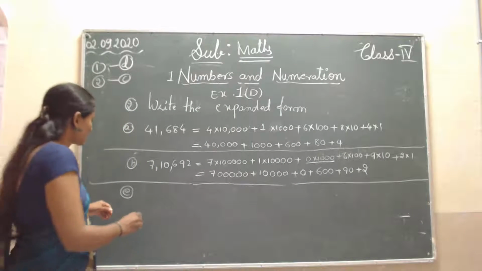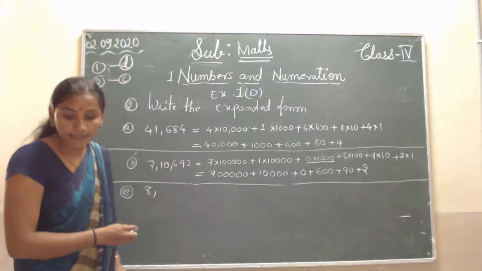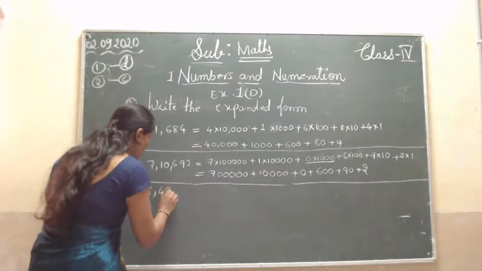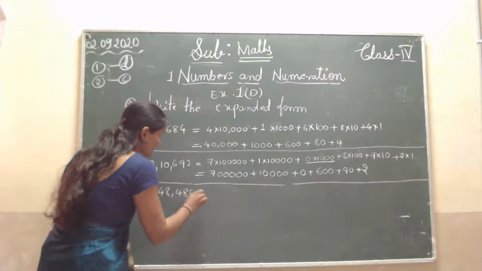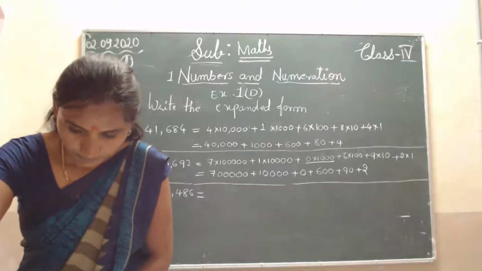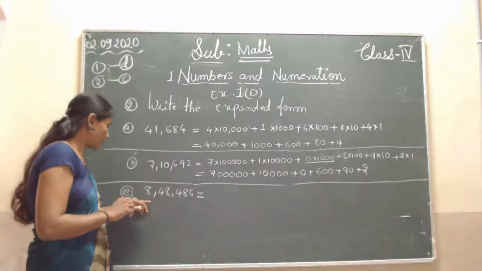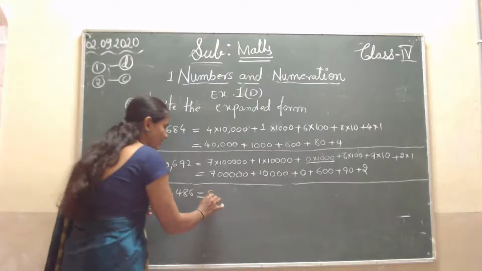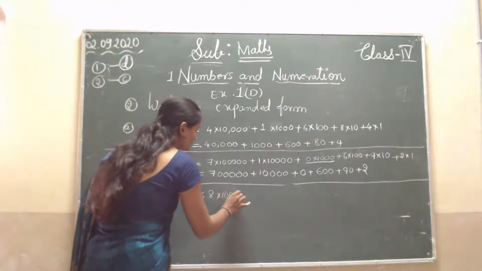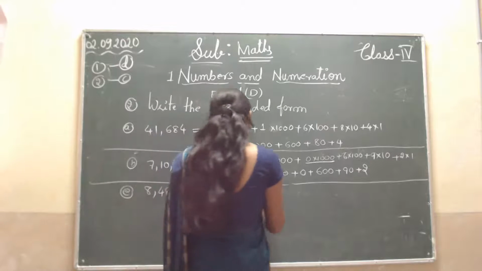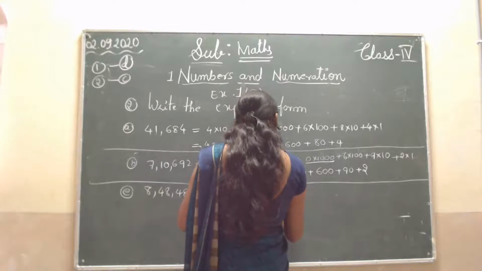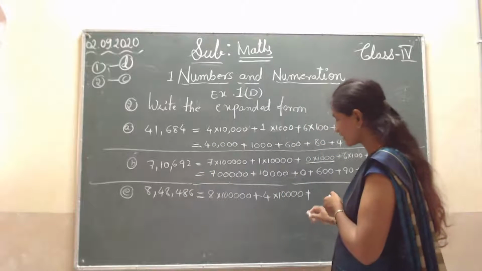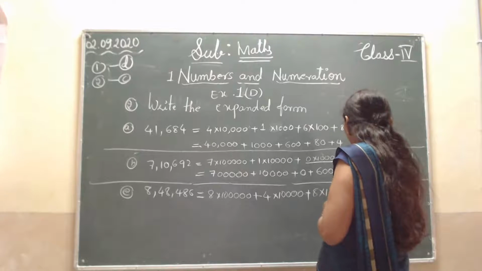Yes, next: 8 lakh 48,486. Okay, students. So what is the place value of the 8? You know 1, 10, 100, 1,000, 10,000, lakh. Yes, 8 into lakh plus the 4, whose value is 10,000. Next, students, the 8 value is 1,000.